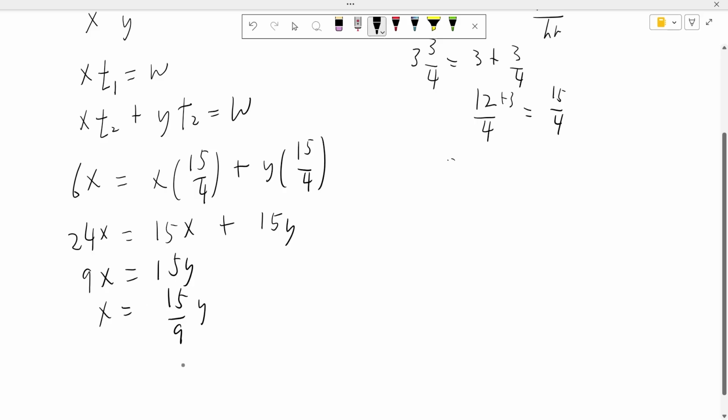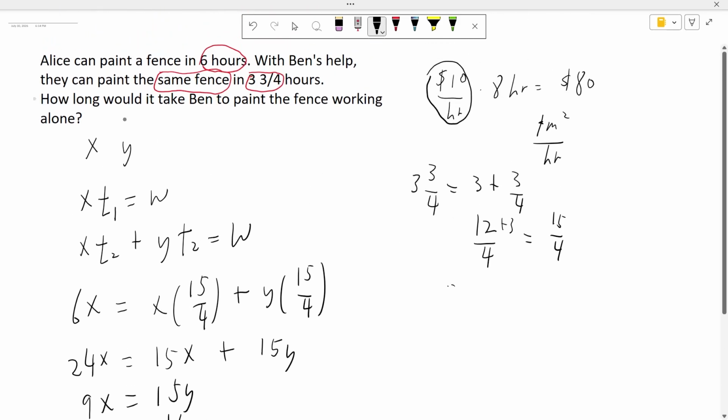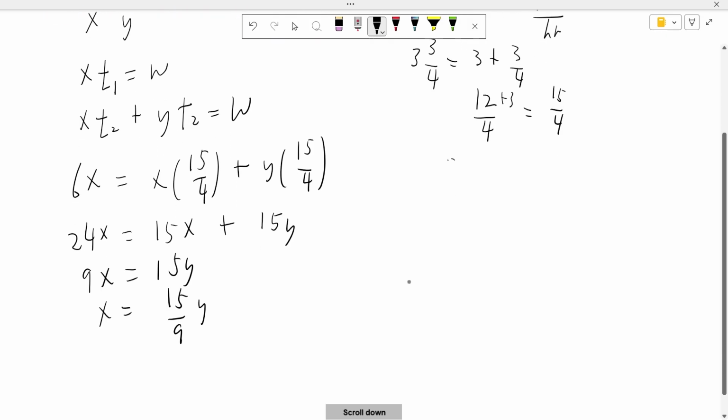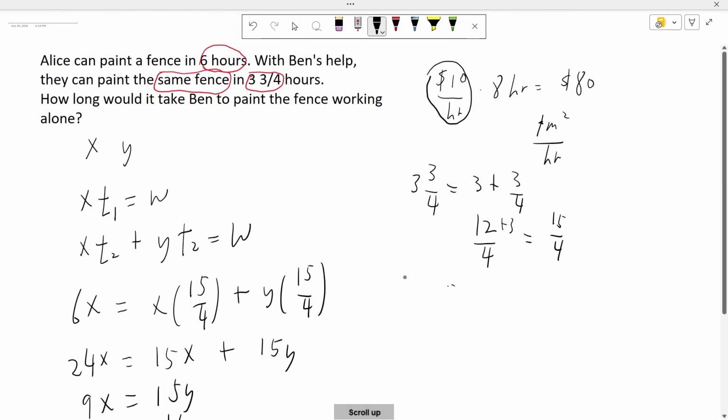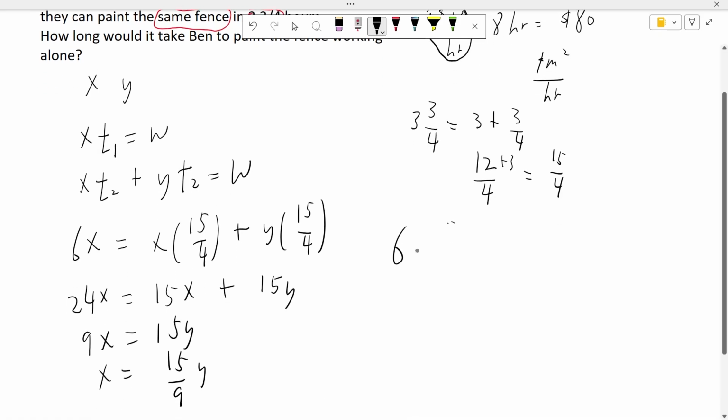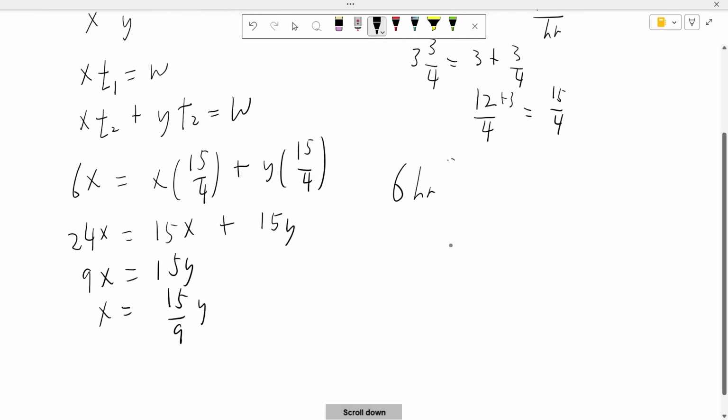So what we can do with this scale factor is look at the question. We have to answer how long it would take Ben to paint the fence working alone. So we know enough to answer that. Since it took 6 hours for Alice, we have to use this number. Is it going to be times this or divided by this?